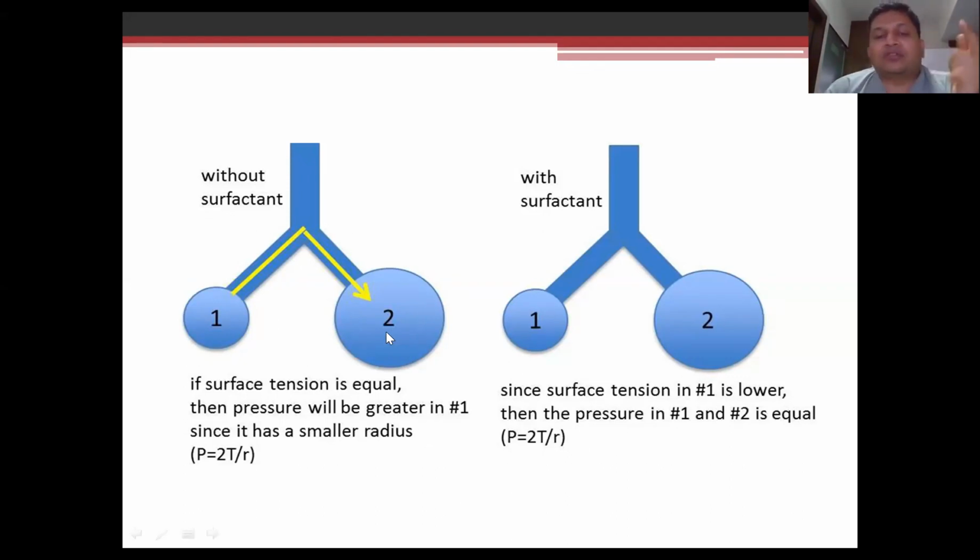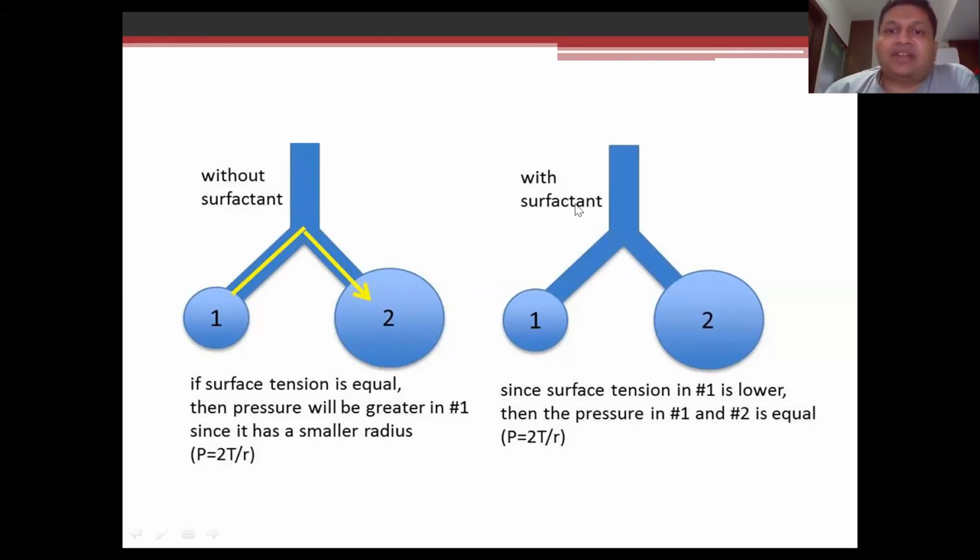Because of that, the larger alveolus will get the already used air, the CO2-containing air, not fresh air from the airway, because diffusion has already happened. After the small alveolus fully collapses, it will start emptying. So this is not helpful in a normal individual.